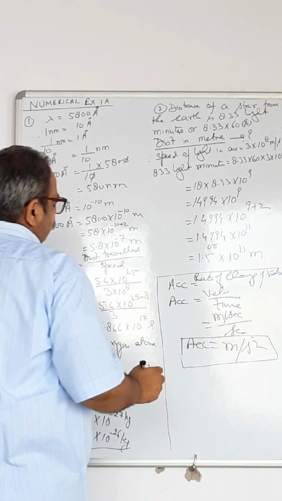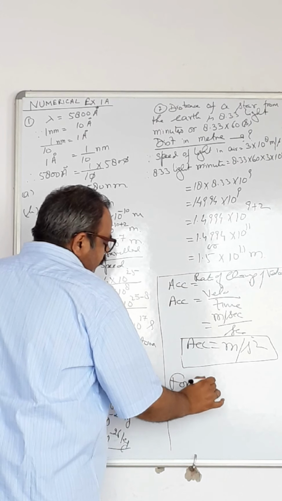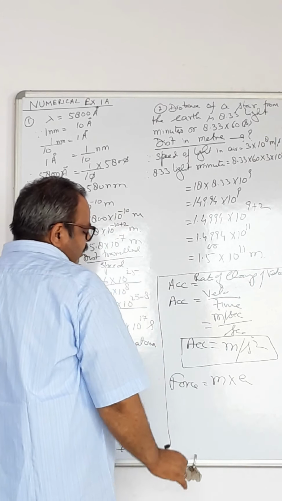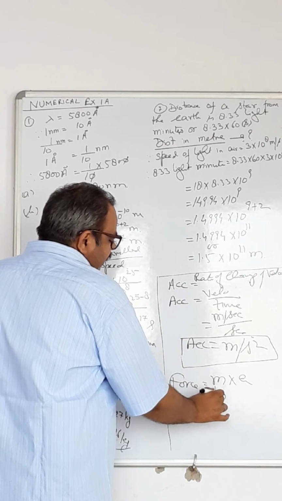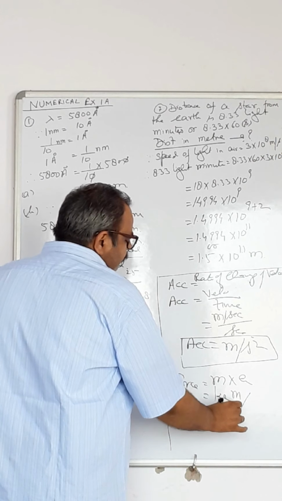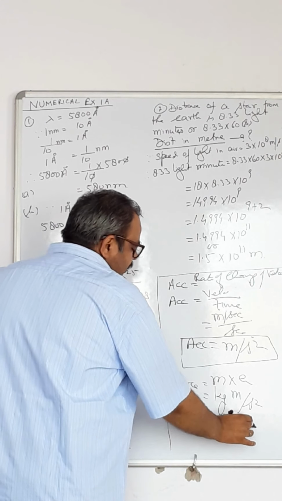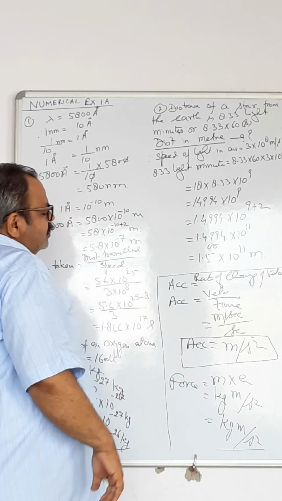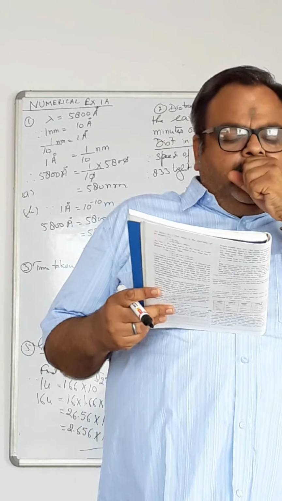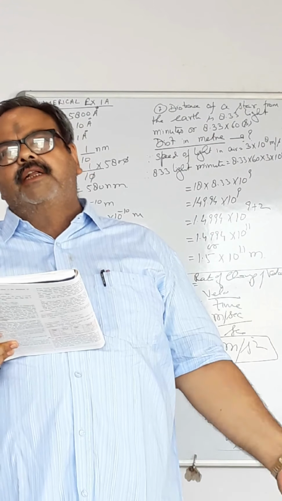Force is equal to ma, so the unit can be written as kg meter per second square. So all these are examples of derived units. Momentum is mass into velocity, kg meter per second.